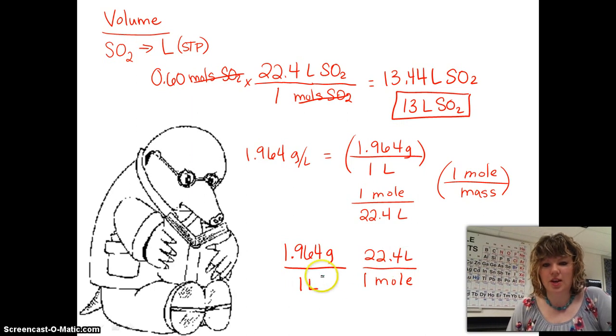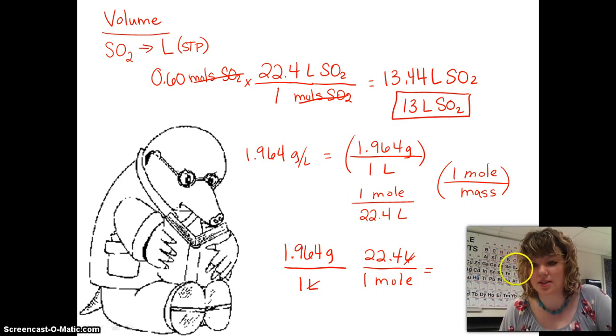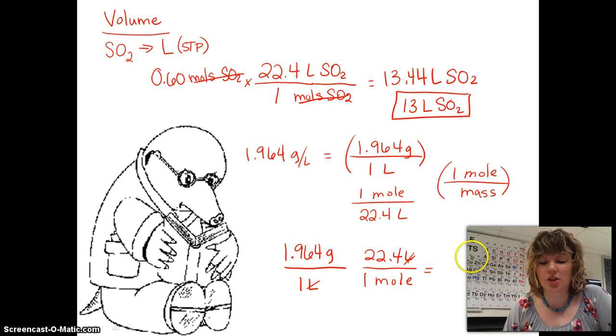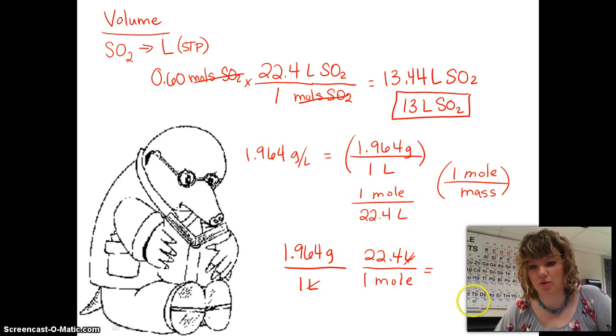So now if our liters cancel out, our units at the end are going to be grams per mole. That's exactly what we want, because grams per mole is what your units are for molar mass. Earlier when we did that worksheet for molar mass, you would write the number and then put it over 1 mole. So your answer was something grams over 1 mole, because the units you end up with are grams per mole.